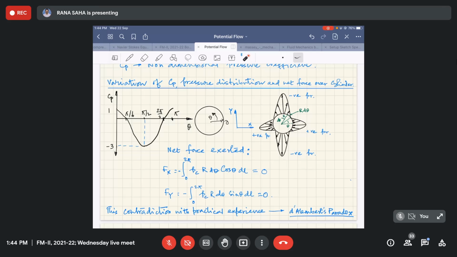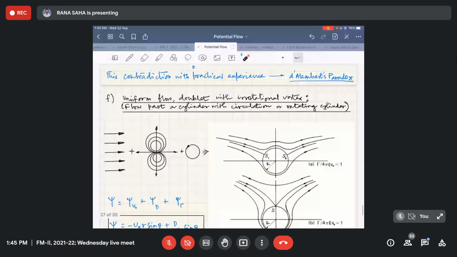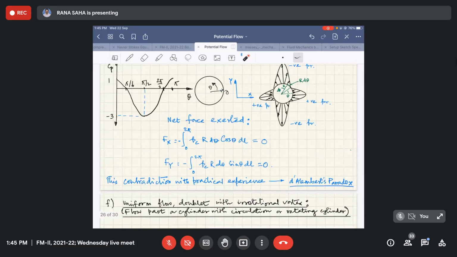But here we see that mathematically it is showing that whenever a body is subjected to a flow situation like that, if it is an ideal flow, there won't be any kind of resultant thrust acting on that body. Such contradiction is known as D'Alembert's paradox. Later, we will be recalling this situation when we again visit our boundary layer flow and we find the answer there. What problem is there? Why are we having this zero resultant thrust?